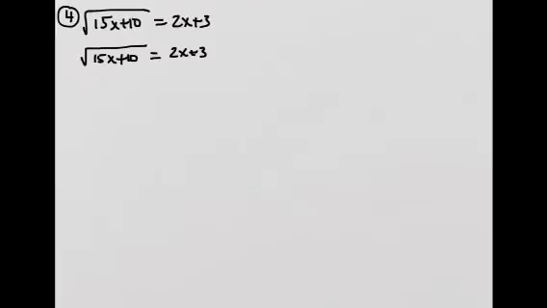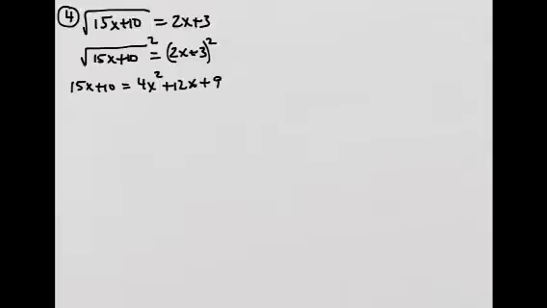So we're going to square both sides again to get rid of the square root radical, and don't forget parentheses, I almost forgot. On the left side, you're left with 15x plus 10, and on the right side, when you square that binomial, you get 4x squared plus 12x plus 9.